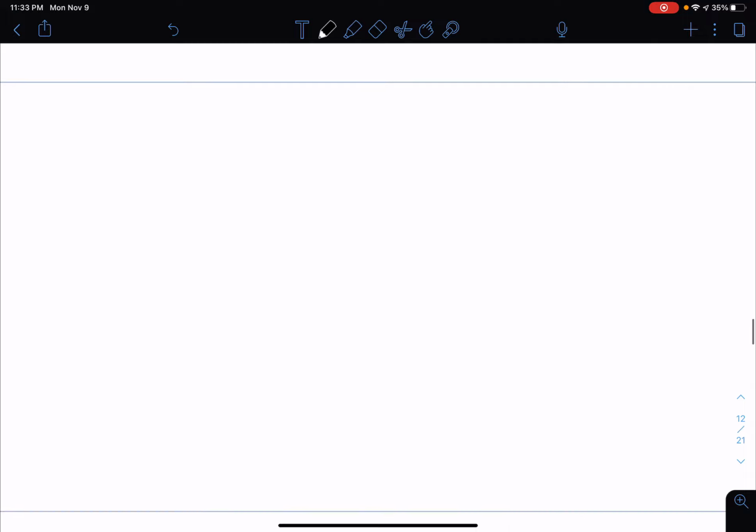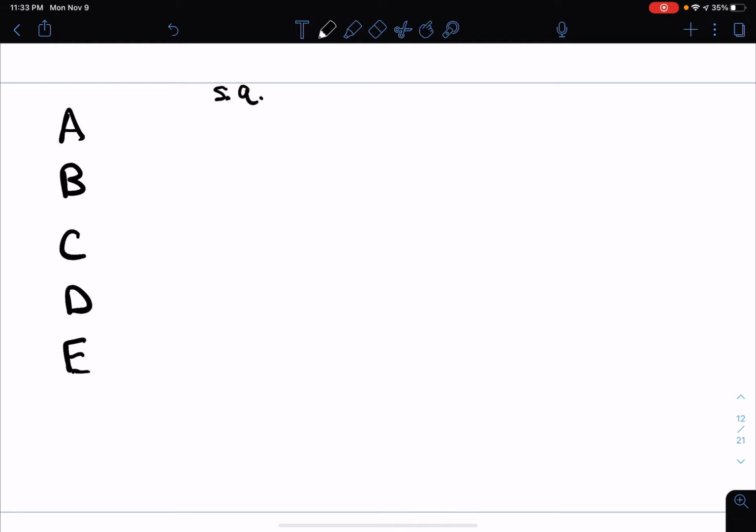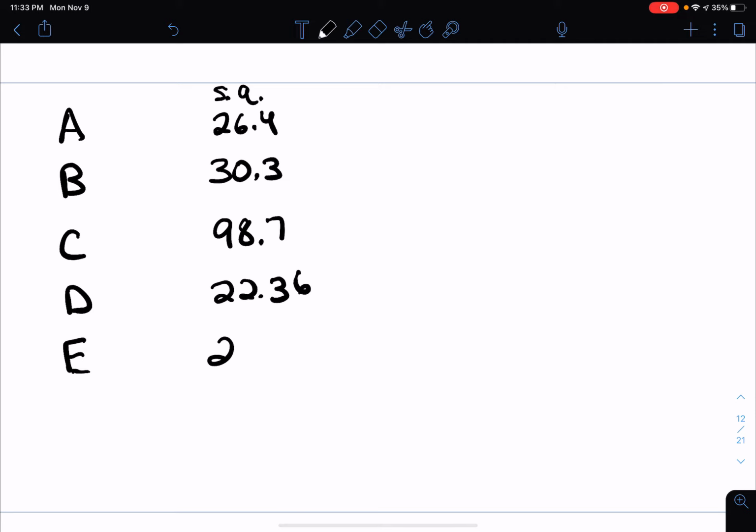All right, so back to our data earlier. Same data, states A, B, C, D, and E. Remember, with the standard quota, we had 26.4, we had 30.3, 98.7, 22.36, and 22.24.